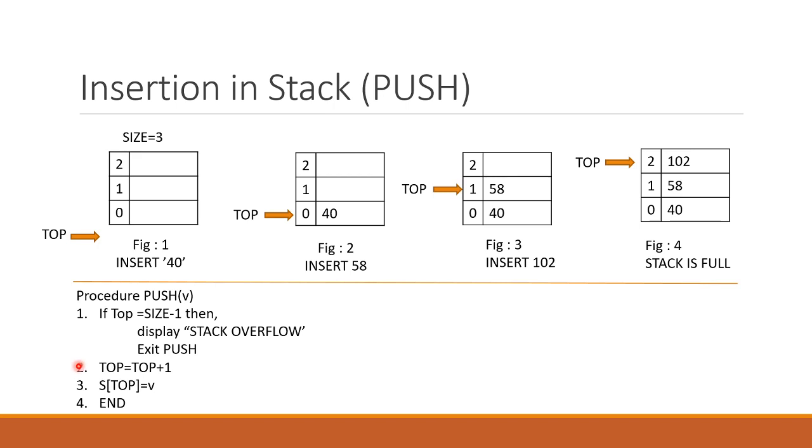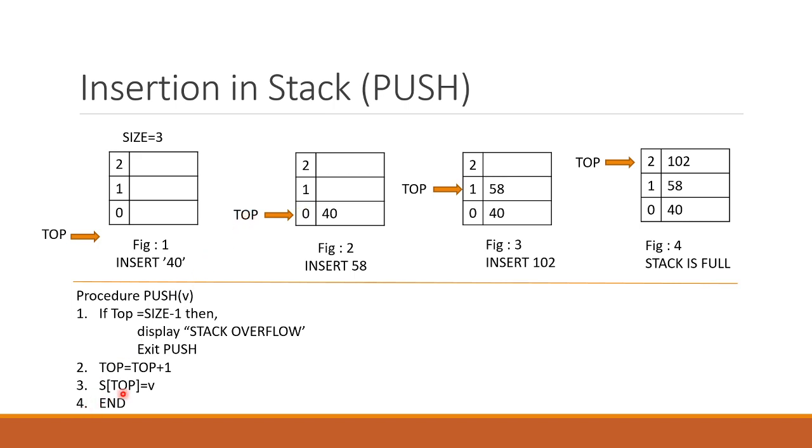The second step of the algorithm shows that we have to increment the top pointer by 1. In our case, the top is currently pointing at -1, so it will be incremented to 0 and it will go to the location or index called 0. After moving the top pointer, we will insert the data where the top is currently pointing.